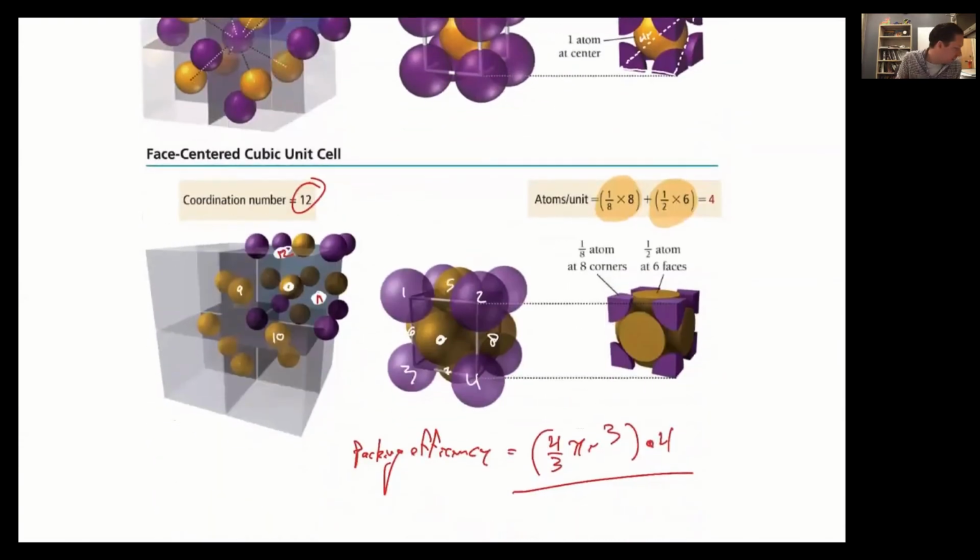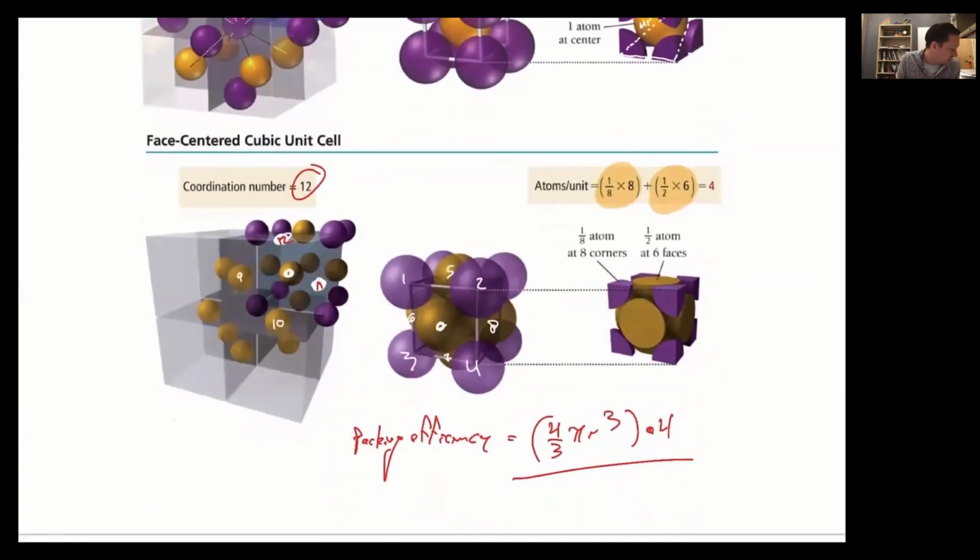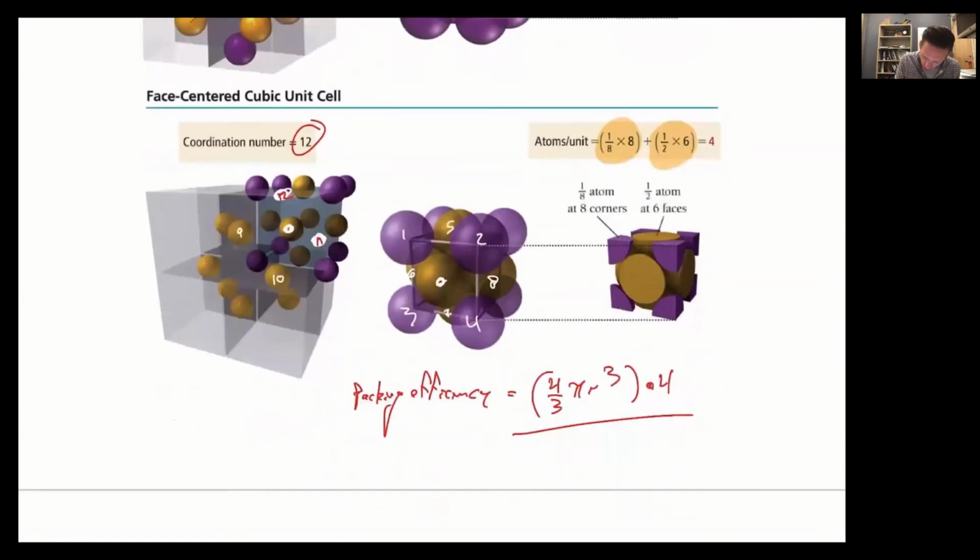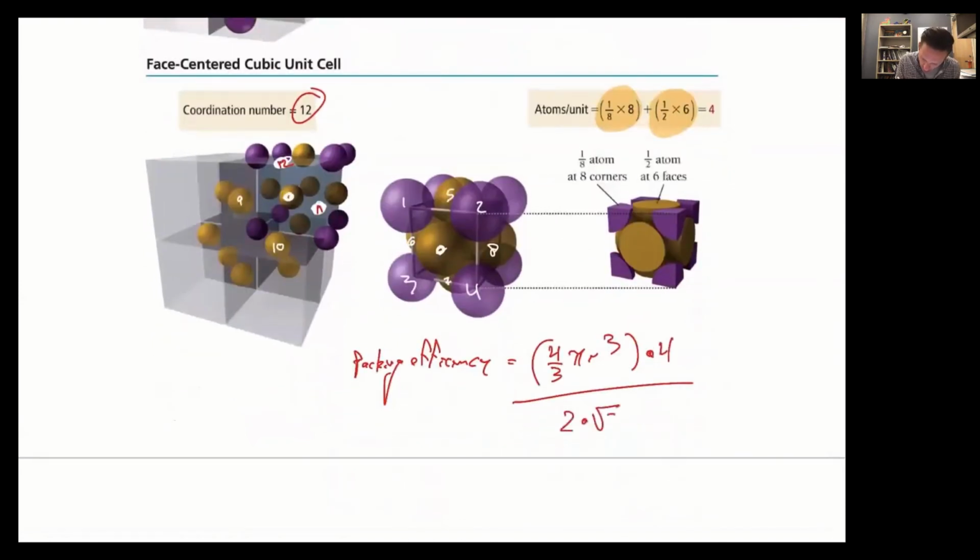If you go to the table, you see that an edge in face-centered cubic is 2 times root 2r. So that's one edge, and then you cube this. And if you simplify this down, again, I'm not going to ask you to prove packing efficiency, but it comes out to 74%. This is as close as pure atoms can get. This is minimizing the space, getting the atoms as close to each other as possible.